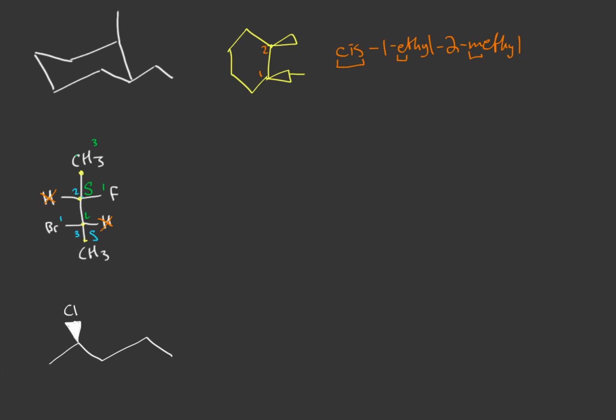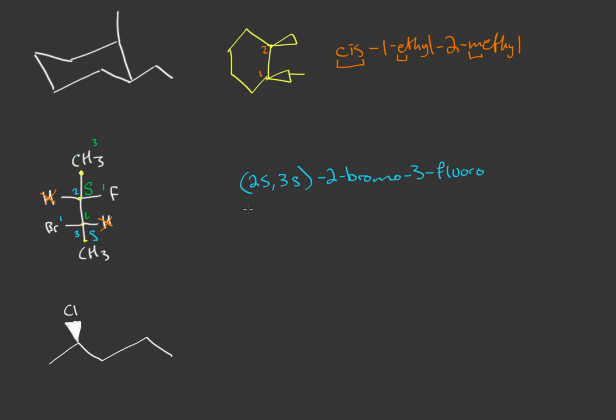Now, how do we name it? Well, you have 2 different ways of naming it. You can name it either 2S, 3S, and then you can say 2-bromo, 3-fluoro. So we can say like this, 2-bromo, bromo's for bromine, and 3-fluoro.